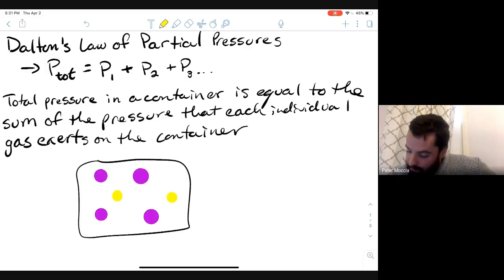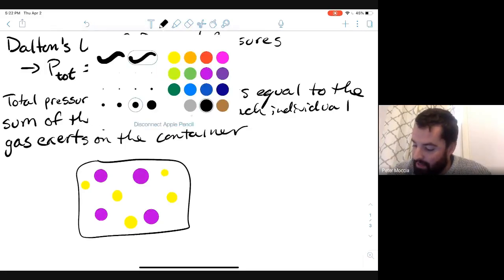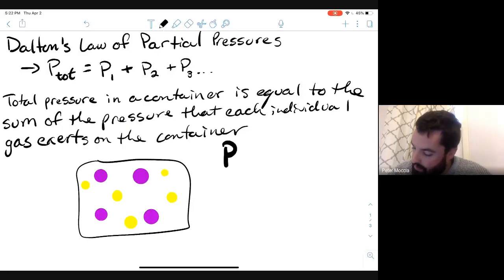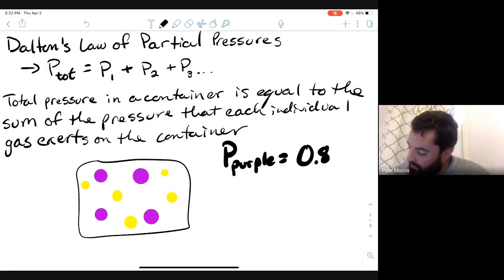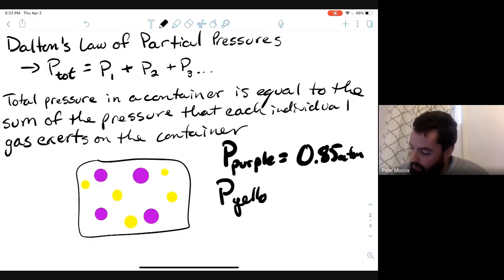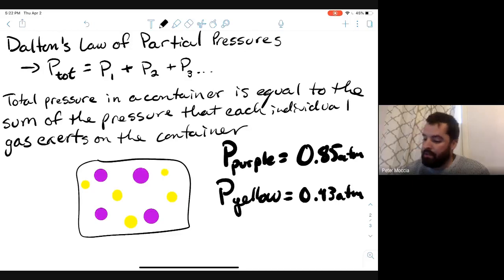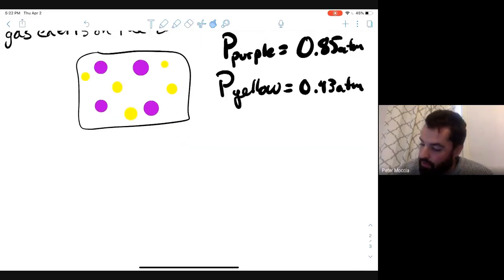Let's say the pressure exerted by the purple molecules is equal to 0.85 atm, and the pressure exerted by the yellow molecules is equal to 0.43 atm.